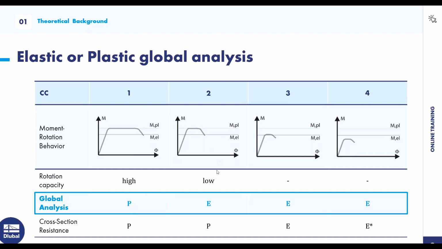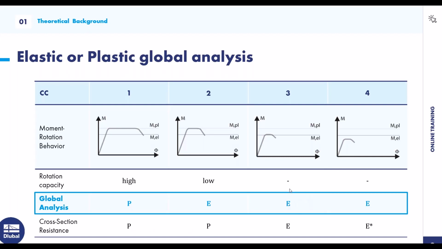Cross-section class 2, which has a low rotation capacity, allows an elastic structure calculation. As with cross-section class 1, the cross-sectional resistance can also be applied plastically. So for the first and the second cross-section class, you can consider a plastic cross-section resistance.